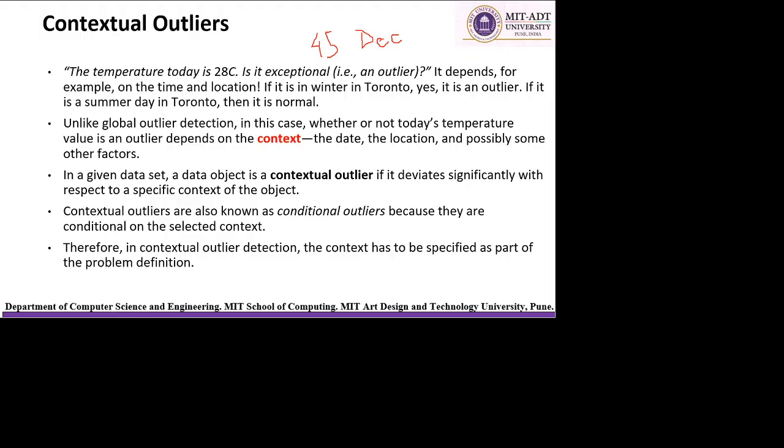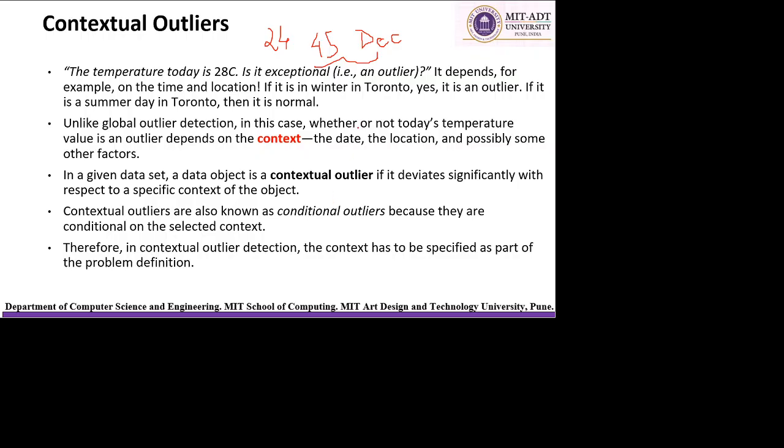In the month of December we may have a temperature of 24 or 25 degrees Celsius or more than that. But if it is 45 degrees Celsius, then that will be the outlier. And this is based on the context, the environment.